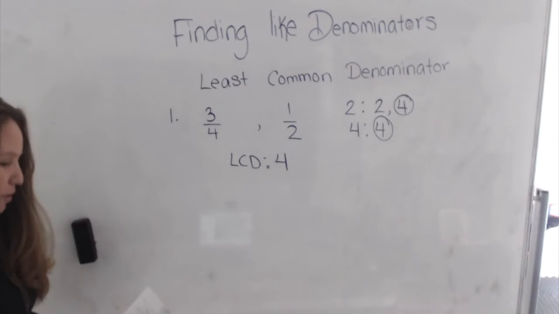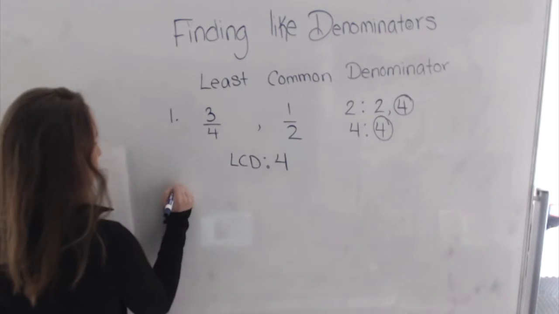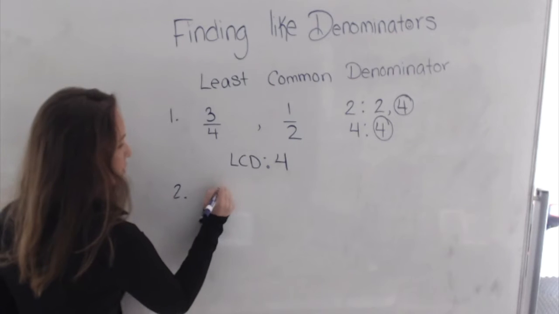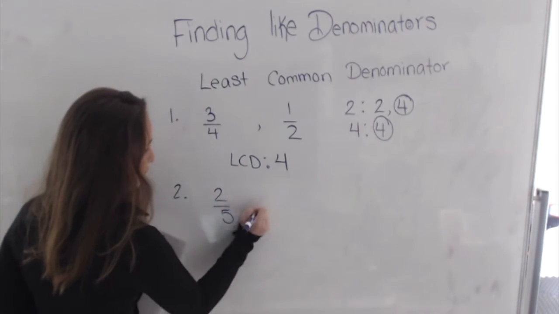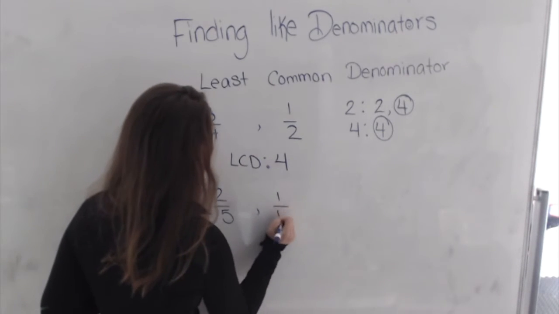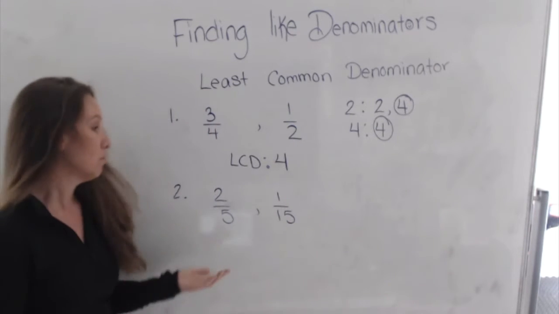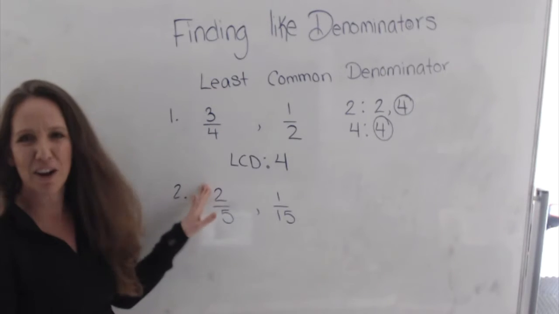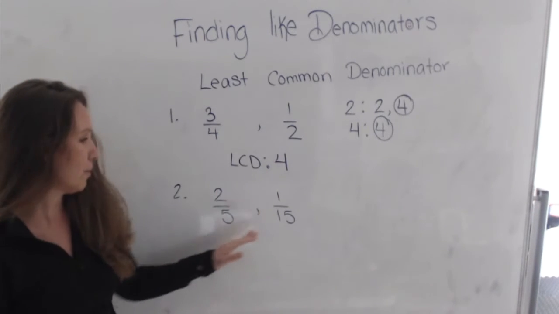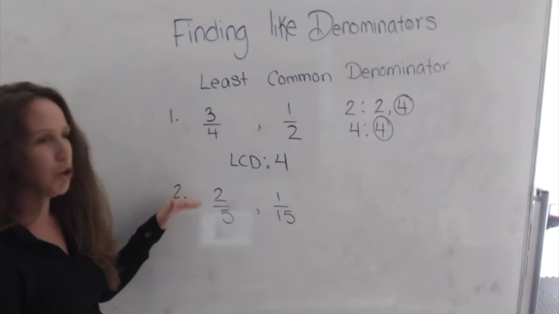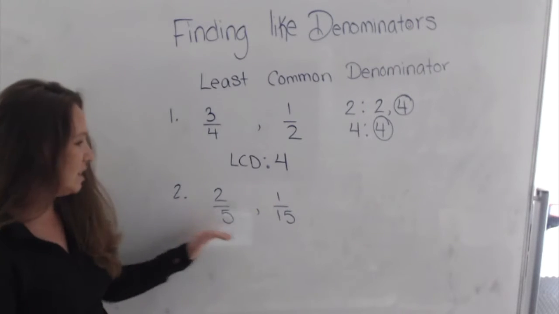So let's go now to the second problem. The second problem gives us two numbers, 2/5 and 1/15. So, just like before, are we going to compare the tops or the bottoms? Remember, it's the numerators or the denominators.